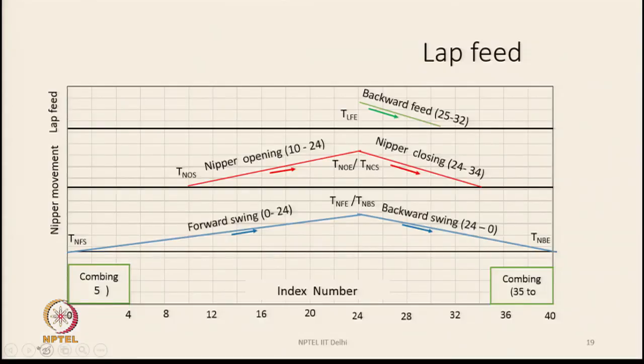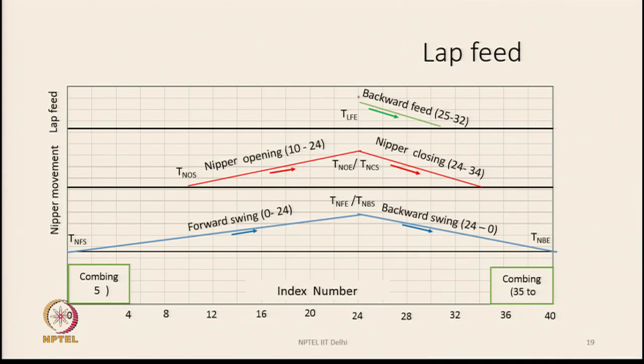If we follow these three conditions, then the backward journey starts at 24, so we have to start the backward feed around 24 or 25, but we have to make sure we close it before 35.